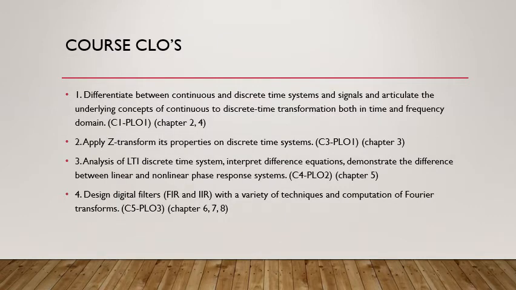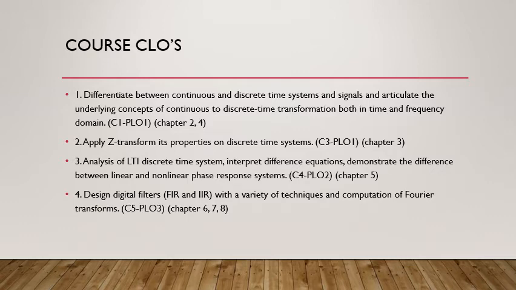As I have already mentioned the course content, these are the CLOs that you have to achieve in this course, our course learning objectives. Number 1 is to differentiate between continuous and discrete time systems and signals and articulate the underlying concept of continuous to discrete time transformation, both in time and frequency domain.